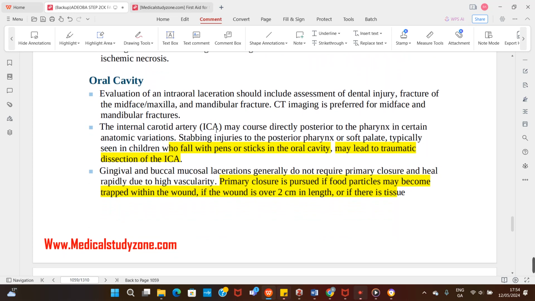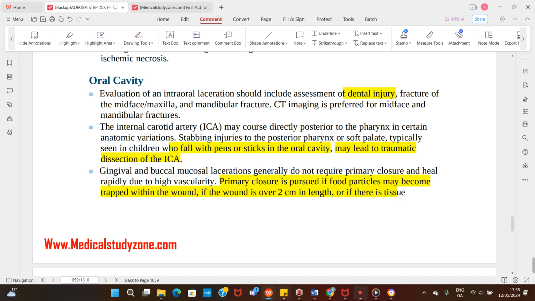So moving to the oral cavity. The oral cavity is very straightforward. So you are just going to do your assessment for any form of dental injury. Any form of dental injury, loss of tooth, damage to the gingiva, the palate, or is there any fracture of the midface, the maxilla, the bones that surround the oral cavity, or the mandible?